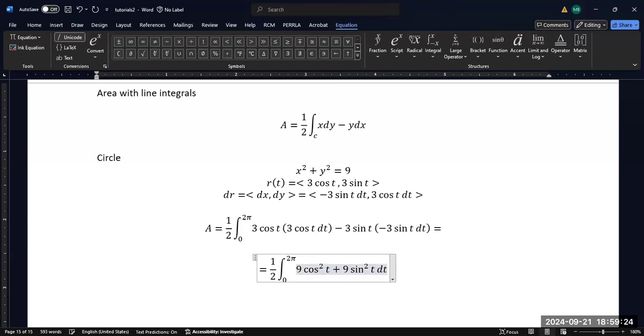And we can pull out the common dt, and we can pull out the common 9, and then sine squared plus cosine squared is equal to 1.